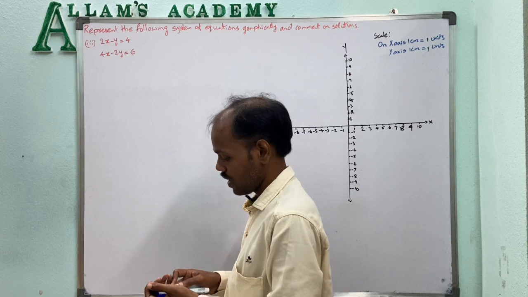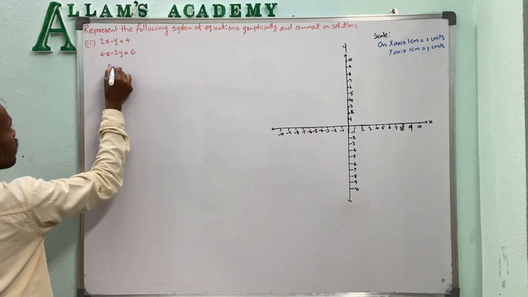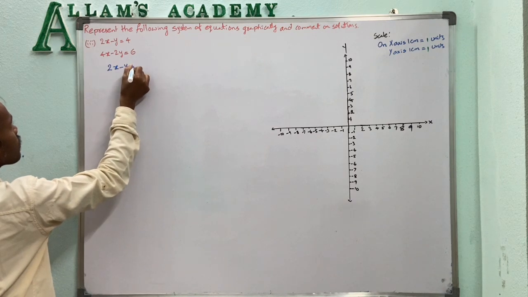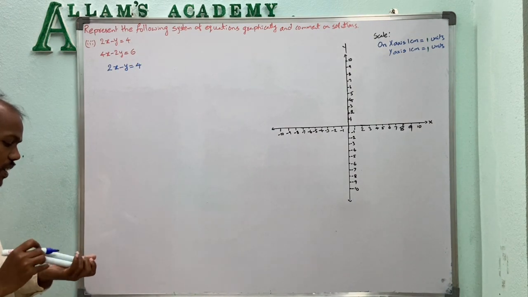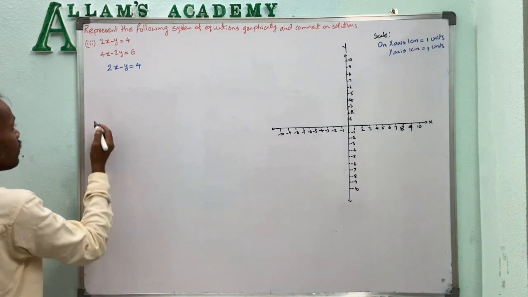So taking the first equation, that is 2x minus y equal to 4. For different x values we get different y values.